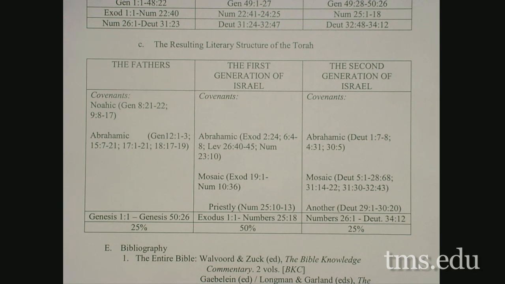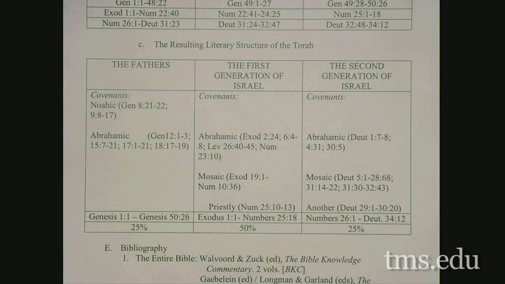What is Genesis? Genesis is the narrative of the fathers of Israel. And yes, obviously chapters 25 to 50 concern the particular Israel, Jacob, whose name was changed, but Jacob himself is the son of Abraham, who is a descendant of Noah, who is a descendant of Adam.